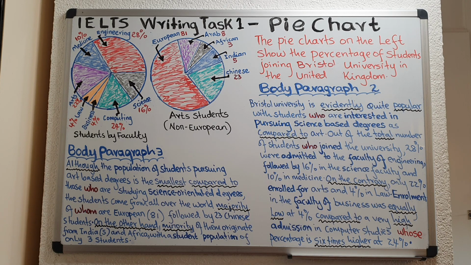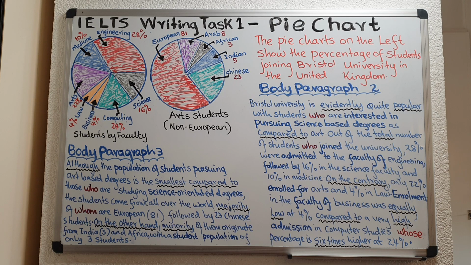When it comes to your writing task 1, you will be marked on task achievement, coherence and cohesion, vocabulary, and grammar. The academic writing task 1 is a report, and you could be asked to write a report, for example, on a bar chart, on a line graph, on a table, on a map, or a diagram, or even a pie chart like we're going to look at in this lesson.